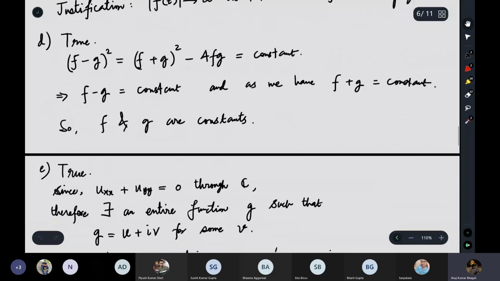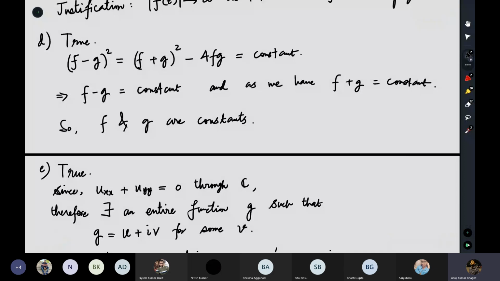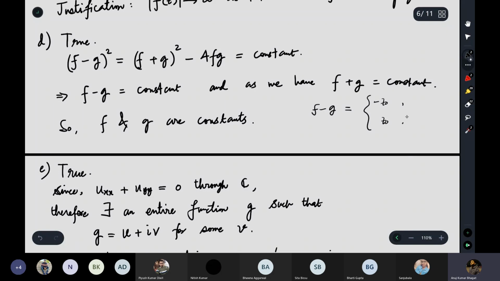So there is some problem with question number D, like the solution. F minus g whole square is a constant. That doesn't mean that f minus g will be a constant. So I have claimed this directly, because if you have some function f minus g is, suppose, minus z naught and z naught under some condition, then that will imply f minus g whole square is a constant, and namely this constant is actually z naught square.